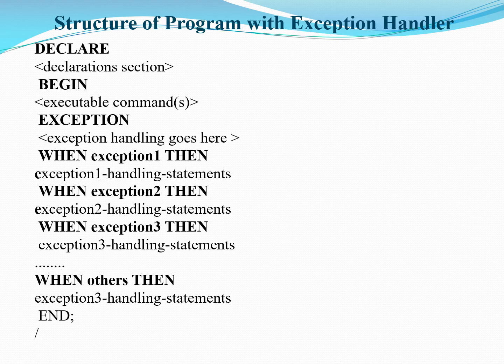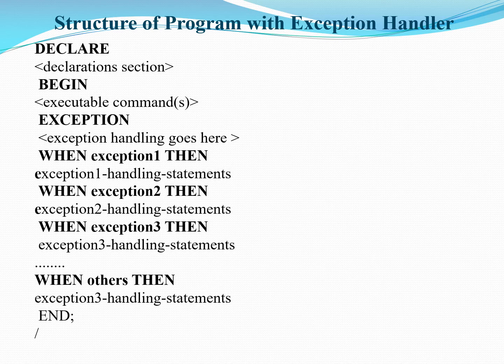So here we have used this exception section, and this is the reserved word which we have declared after the begin section, followed by the executable commands. We will write the code for the exception handler here, and in this section we can declare our predefined exceptions, both named as well as unnamed. So we have used when exception 1, then exception handling statement.